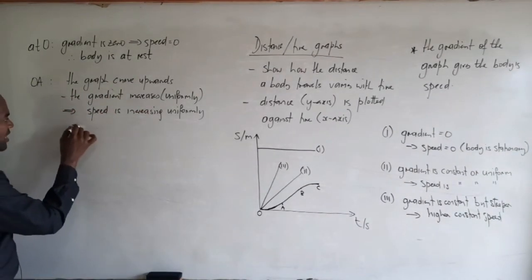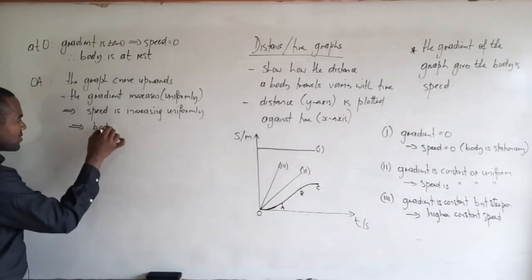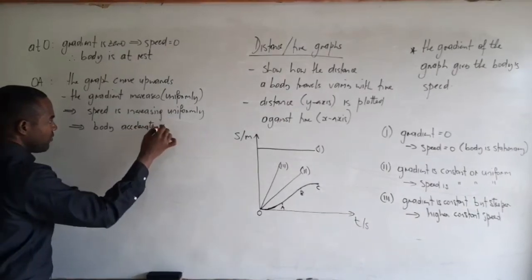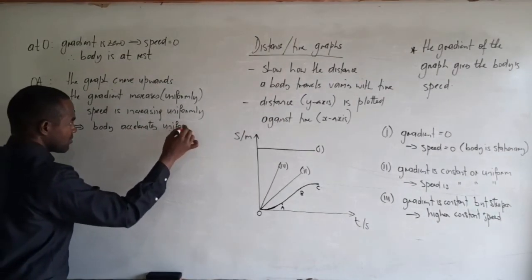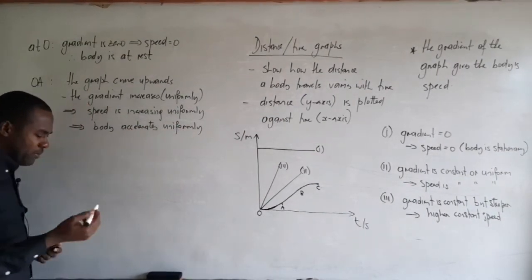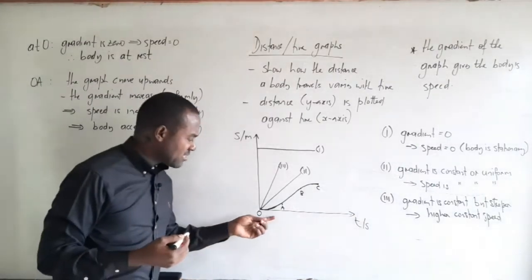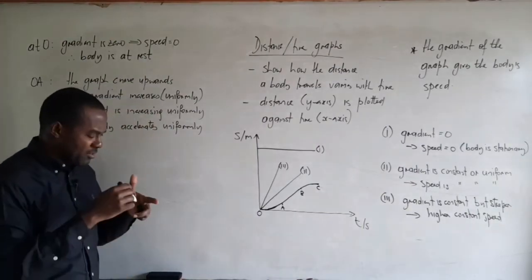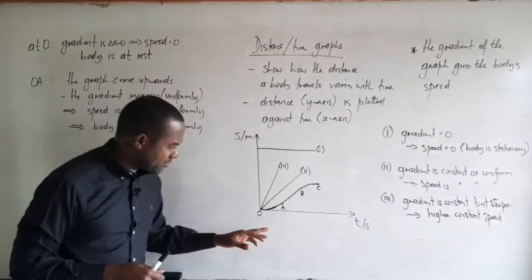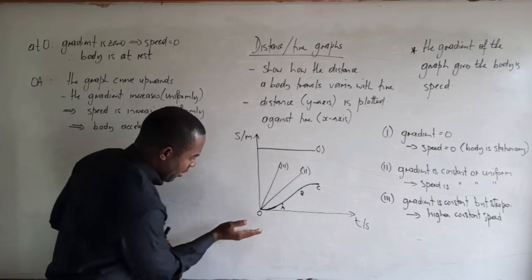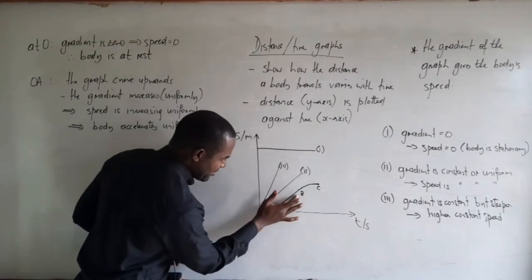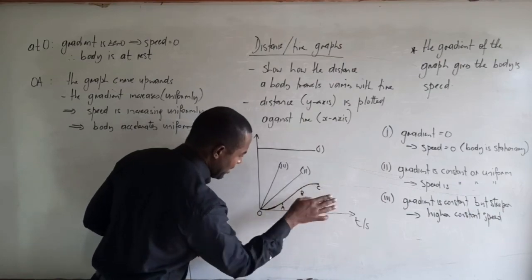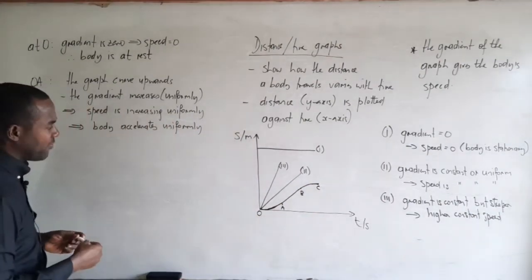So we therefore say that the body accelerates uniformly. So basically, we're able to gather all that information by simply analyzing the gradient of the section OA. Now, in the graph, it might not look it, but as I said, OA is curving upwards, and AB is a straight line, and beyond B, it starts to curve downwards, and again, at C, it has once again become flat.